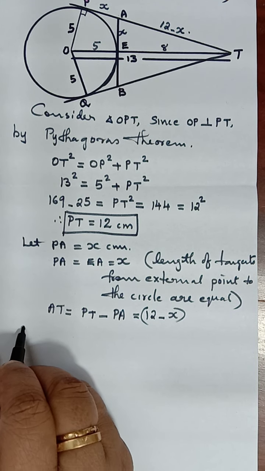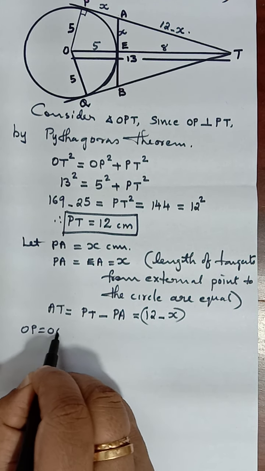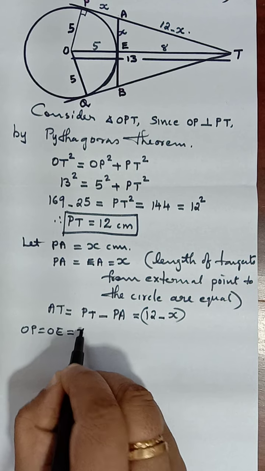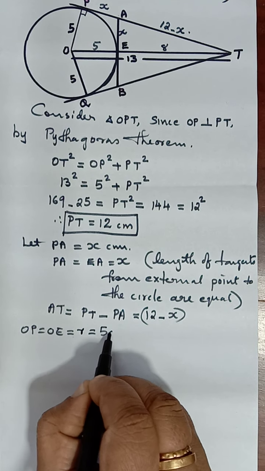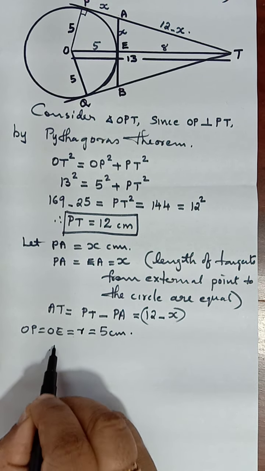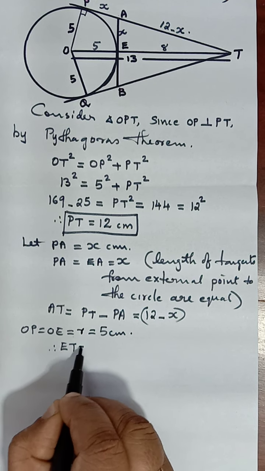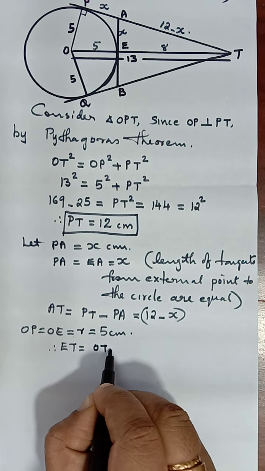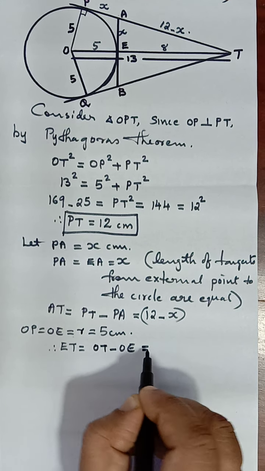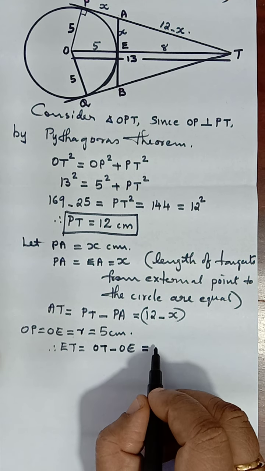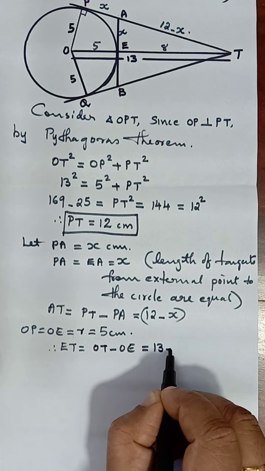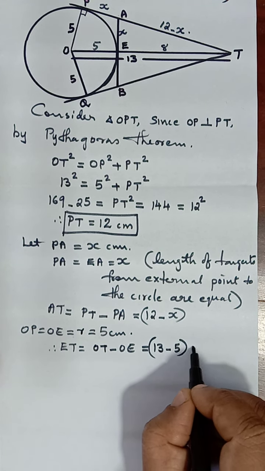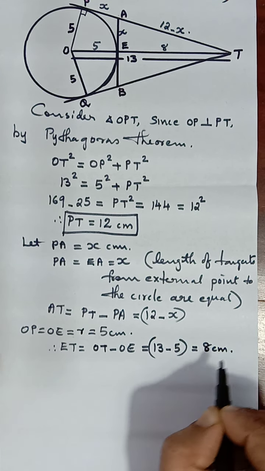We know that OP is equal to OE, that's equal to radius, 5 centimeter. Therefore, ET is a part of OT, OT minus OE, that is 13 minus 5 equal to 8 centimeter.